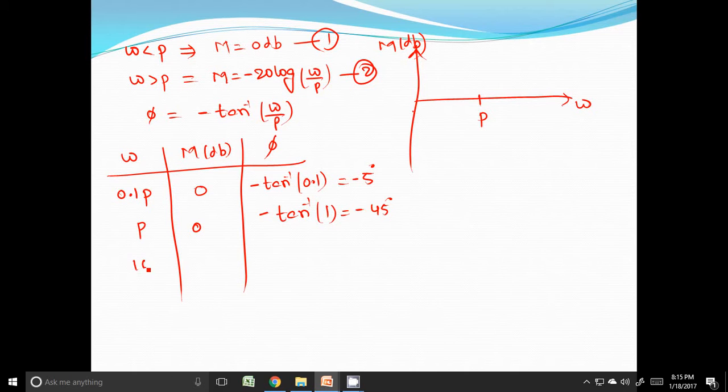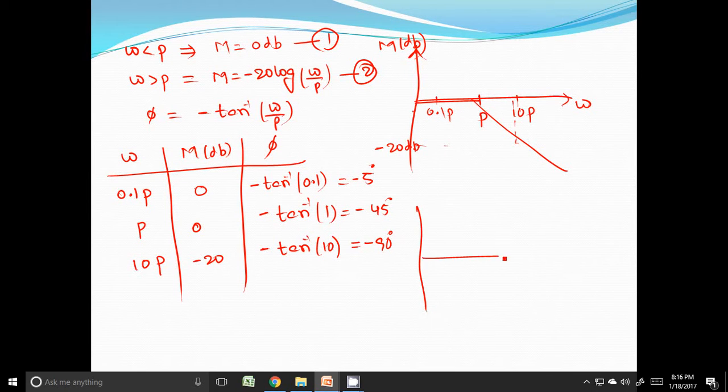If I take frequency of 10p, then as per equation 2, the magnitude is minus 20 dB and the phase is minus tan inverse of 10, so it is approximately minus 90 degrees. With these values, this is 0.1p and this is 10p. So the magnitude plot is like this, where at the frequency of 10p, the magnitude is minus 20 dB, and now the phase plot.